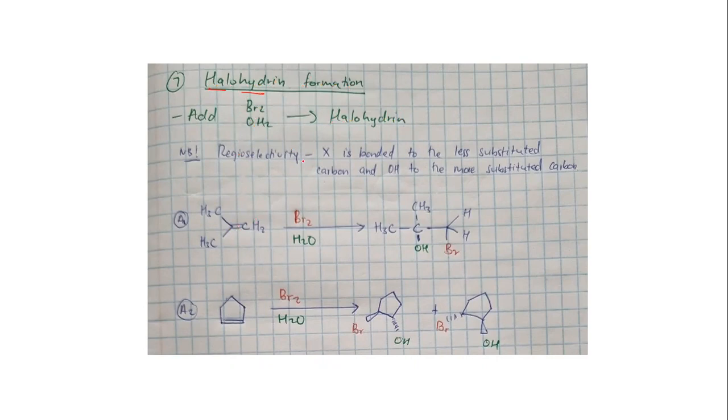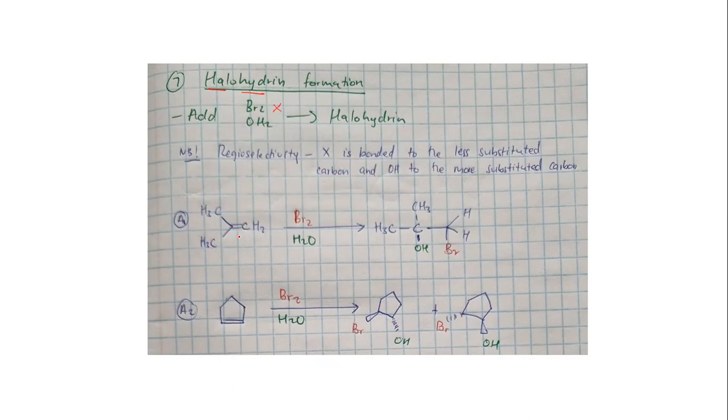Regioselectivity is also very important, which is more or less like the Markovnikov rule. So X, which is our halogen, is supposed to be bonded to the less substituted carbon. And then OH from the water molecule is supposed to be on the more substituted carbon atom.